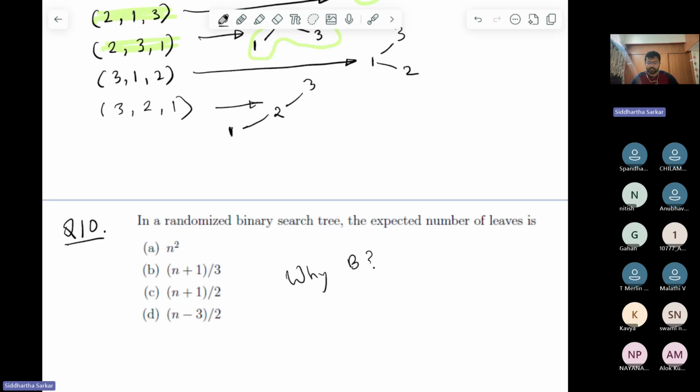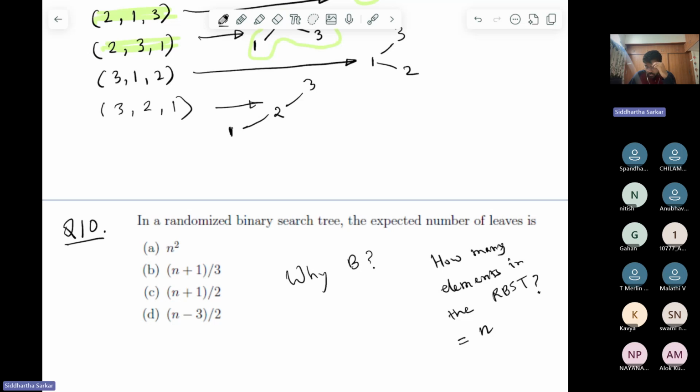Okay, just a guess. So first of all, in the binary search tree, how many elements are there in total? We'll call it a randomized binary search tree, RBST, with N elements.